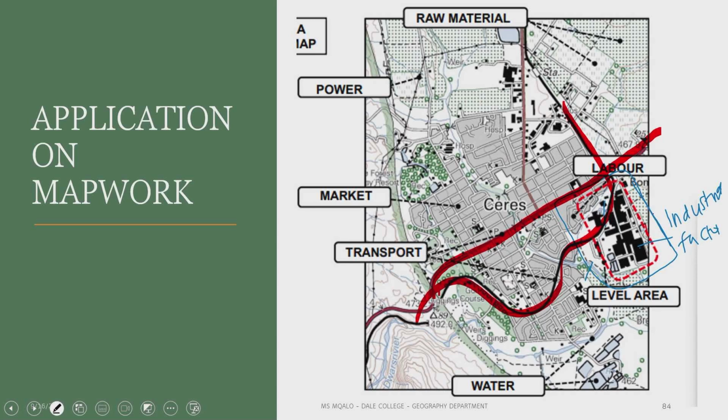There are water sources, dams, located close to this industry. And of course the land: if you look at the gradient, the contour lines are far apart, meaning the land is gentle and flat, making it the best position for your heavy industry. So this is how you can integrate your map work into the theory.